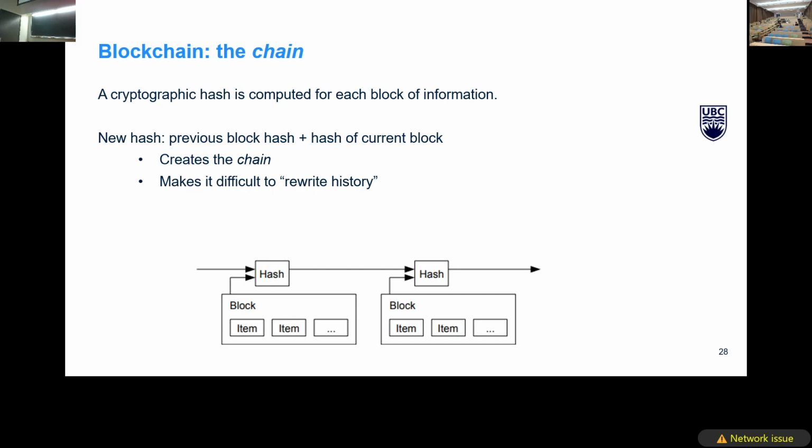Hence, each block is tied to the previous block, and the subsequent blocks are tied back to that block. So it creates a chain. The reason that this is important is because we are going to make it hard to compute a hash that passes the requisite check.